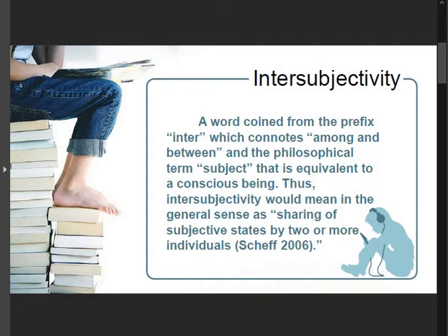Thus, intersubjectivity would mean, in the general sense, quote-unquote, sharing of subject states by 2 or more individuals.